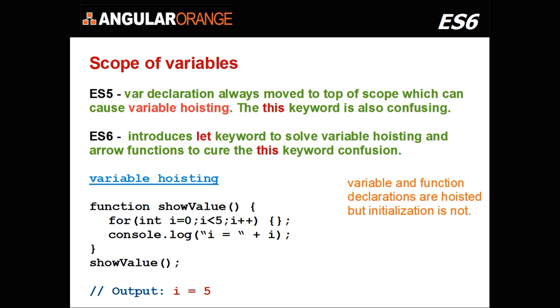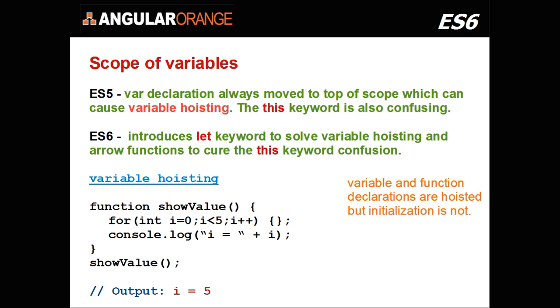Okay, so here's variable hoisting. You have a function called showValue, and you have a for loop with var i equals 0, and i increments. Since the declaration of i is moved to the top and up to global scope, but the initialization is not, after the loop is complete, we could actually log the i value, and the i value is 5.